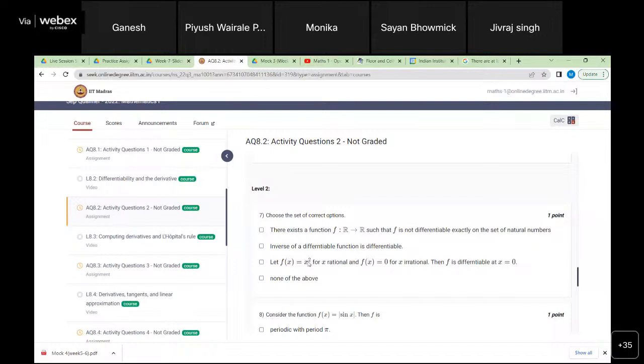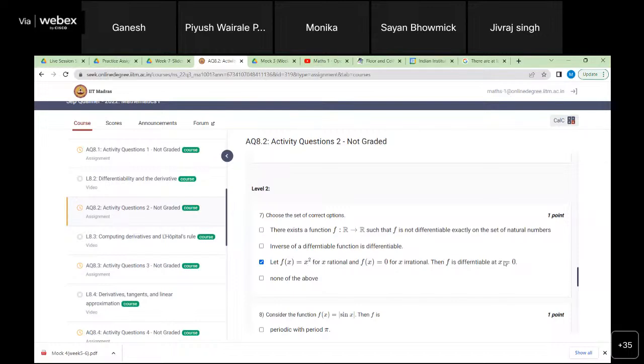This x square is continuous everywhere, right? Yes, sir. It is continuous and differentiable everywhere, so we can say that it is differentiable at x equals 0.